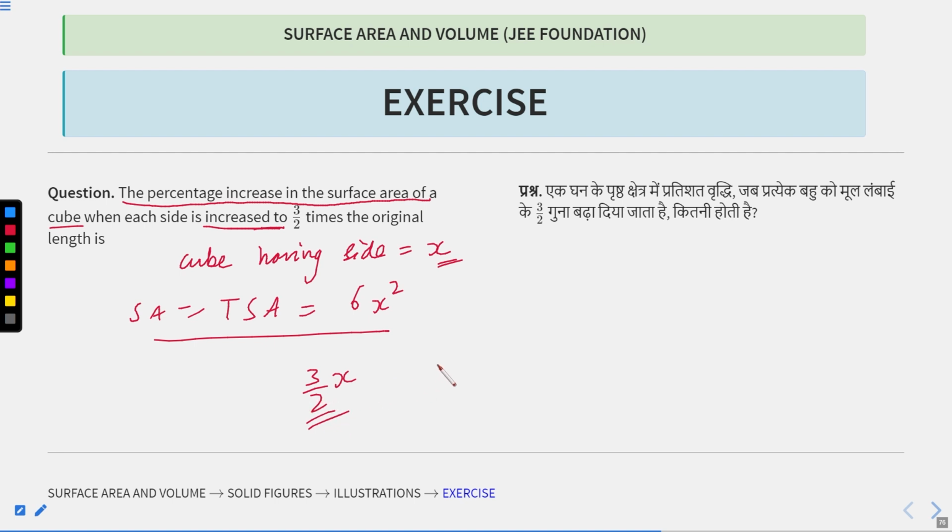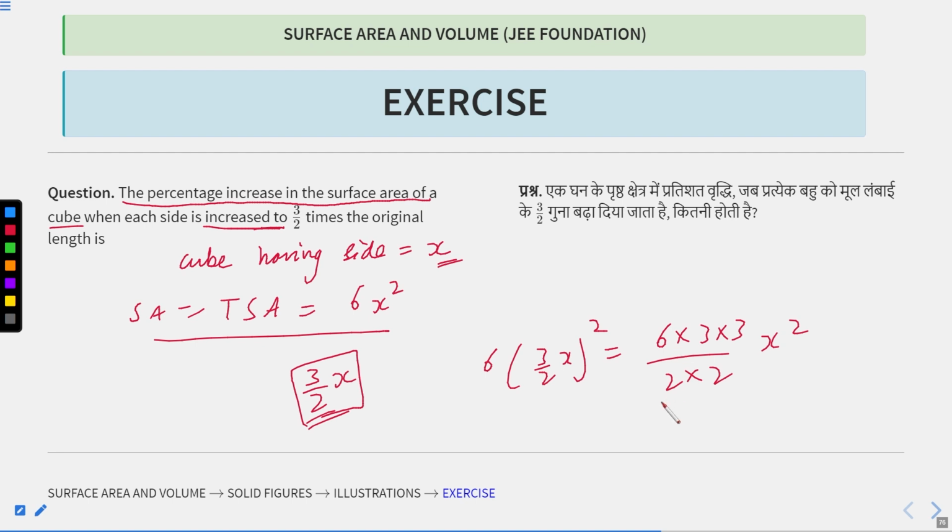So now the new cube with this new side, the total surface area will be 6 times 3 by 2 x whole square. That means 6 times 3 times 3 over 2 times 2 x square. This means this 2 will get cancelled, and this will remain here. So 9 times 3 is 27, and here the 2 remains.